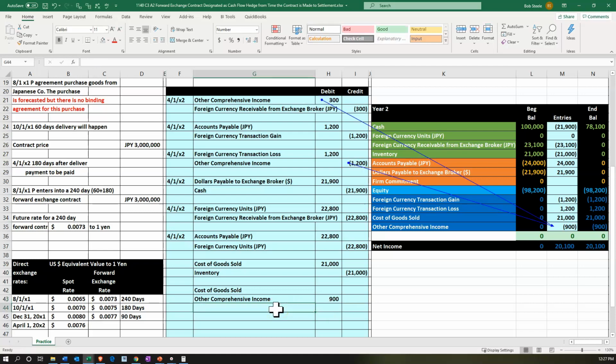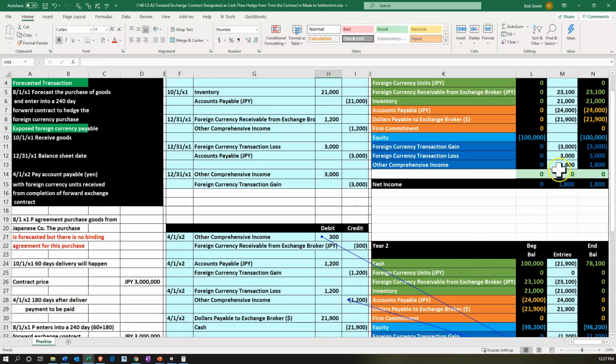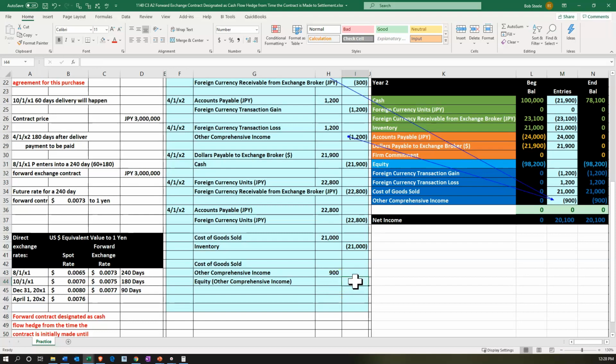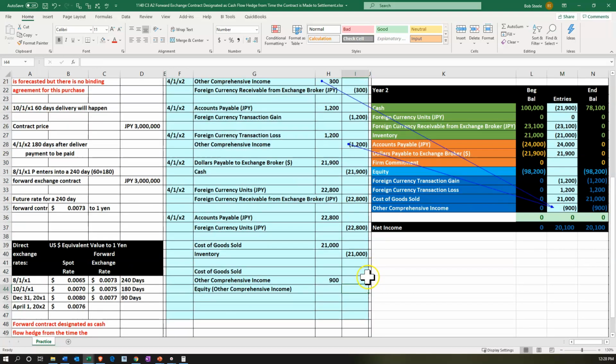And then on the other side, in equity, we have other comprehensive income here as well. And that's going to be what's constituting this amount from the prior period that rolled into there. So that's a debit, so we need a credit here.